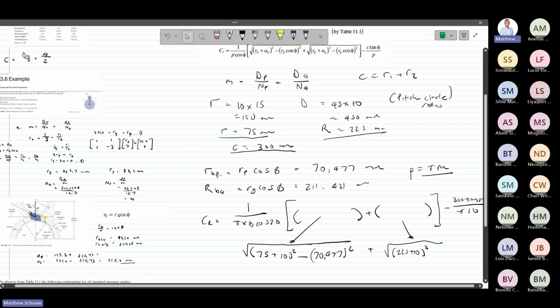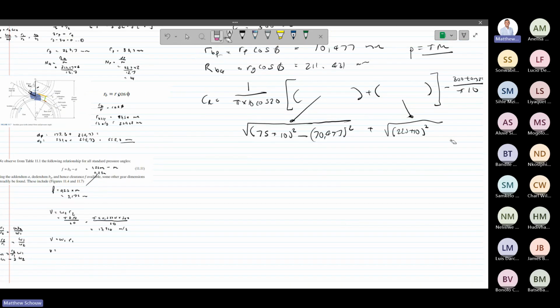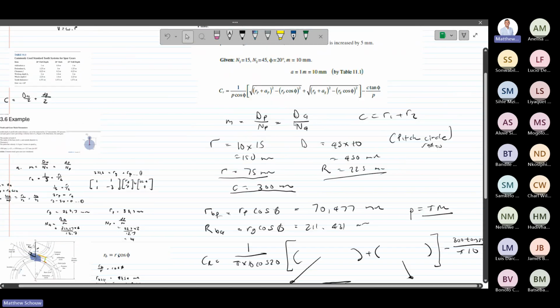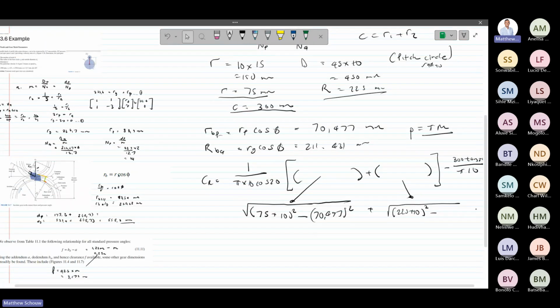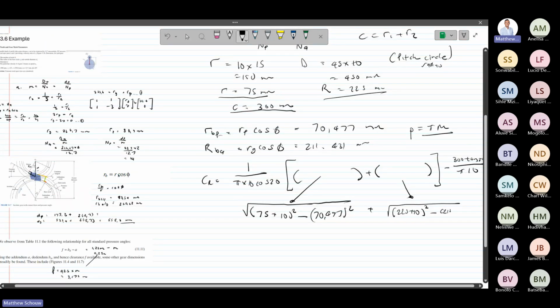We square that guy. And then we're going to say minus, of course, we found that out already, which is minus 211.431. And then it's cos 20.